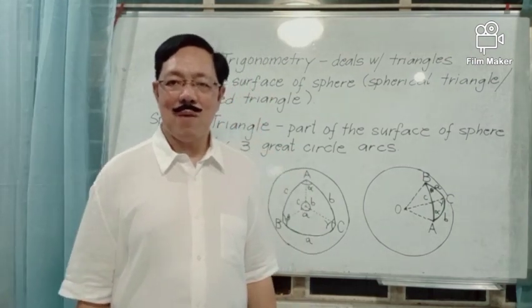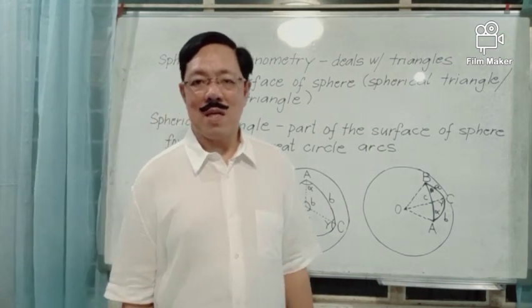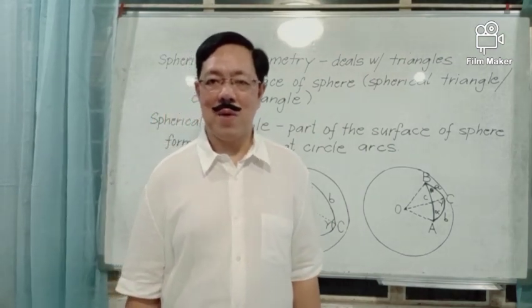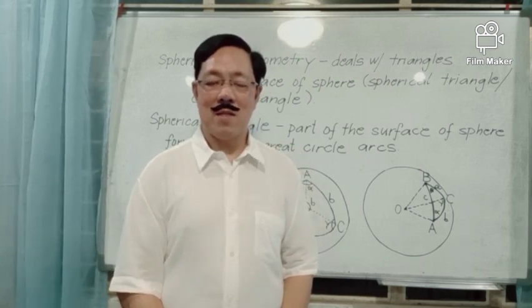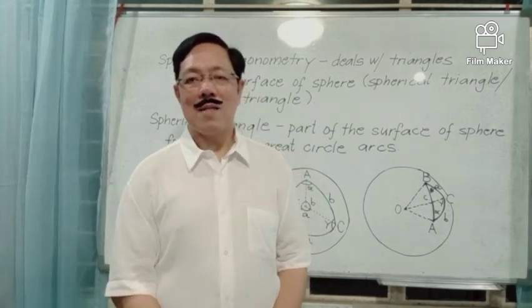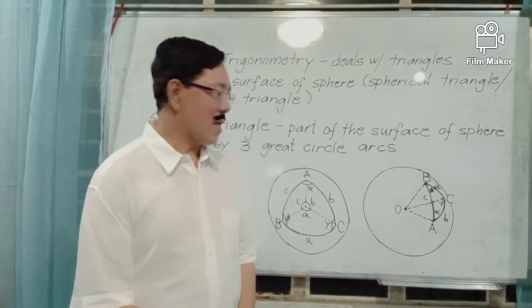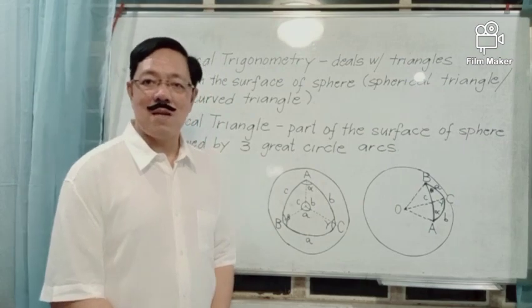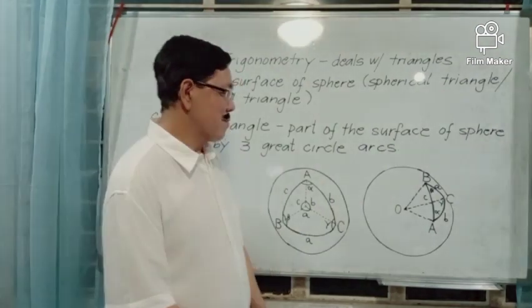Like in plane trigonometry, where a plane triangle has 6 parts, a spherical triangle also has 6 parts. In plane trigonometry, the 6 parts are the 3 angles and the 3 sides. Similarly, in a spherical triangle, the 6 parts are the 3 angles and the 3 sides.